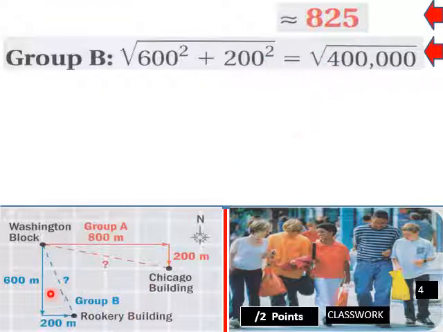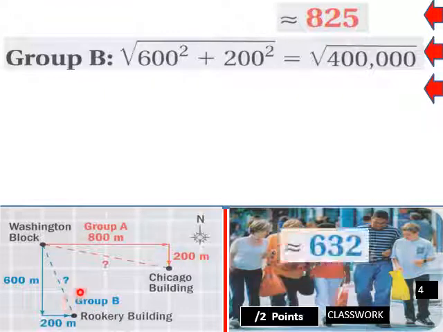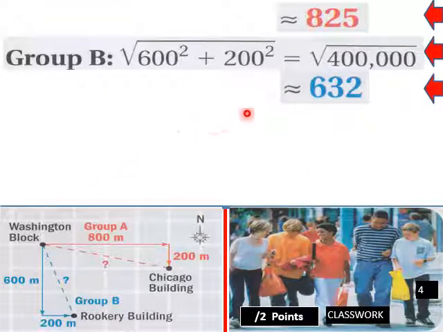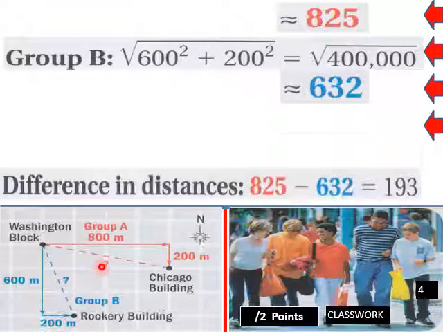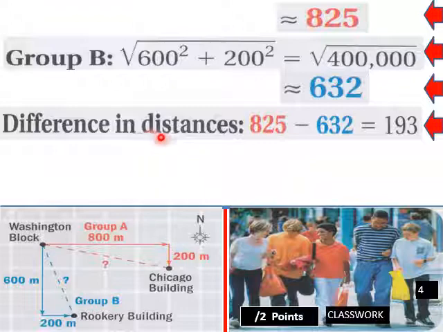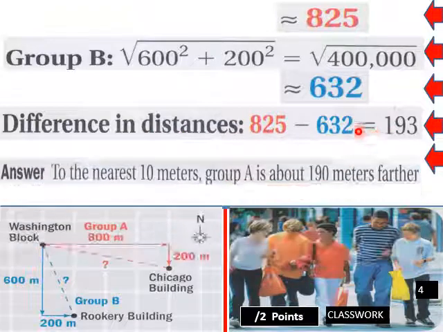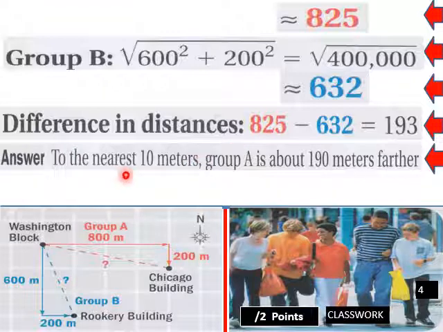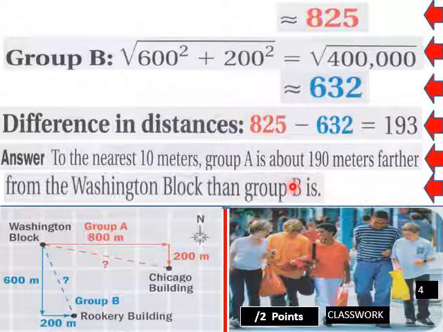That would be this distance here, which comes out to 632. So this is definitely shorter than this length over here. The difference in distances would be 825 minus 632, which is 193. So to the nearest 10 meters, Group A is about 190 meters farther from the Washington block than Group B is.